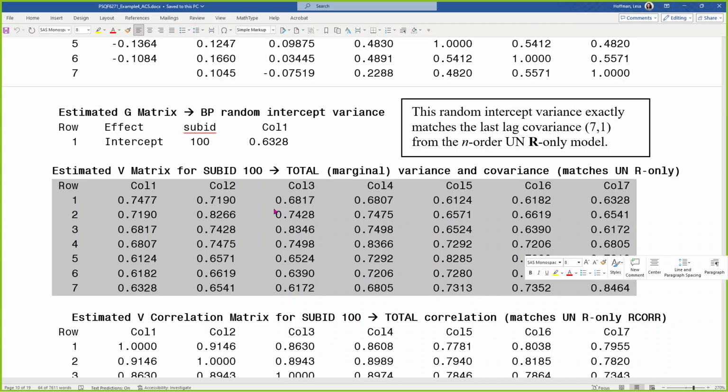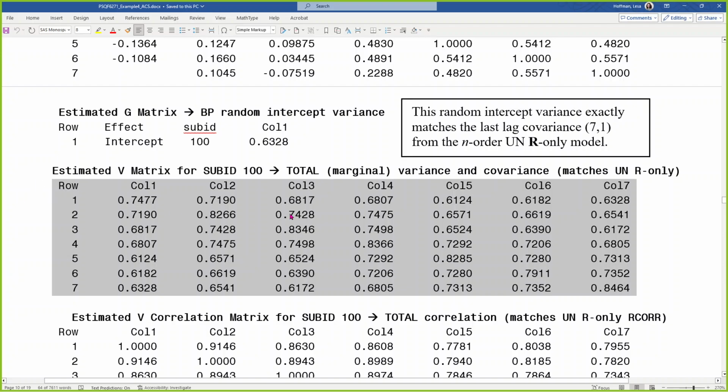If I'm testing models that include a random intercept, and I can't calculate the unstructured n-1 model in R, since the unstructured n model is identical to the unstructured n-1, can I do my model comparisons against the unstructured n model? Yes, they're equivalent.